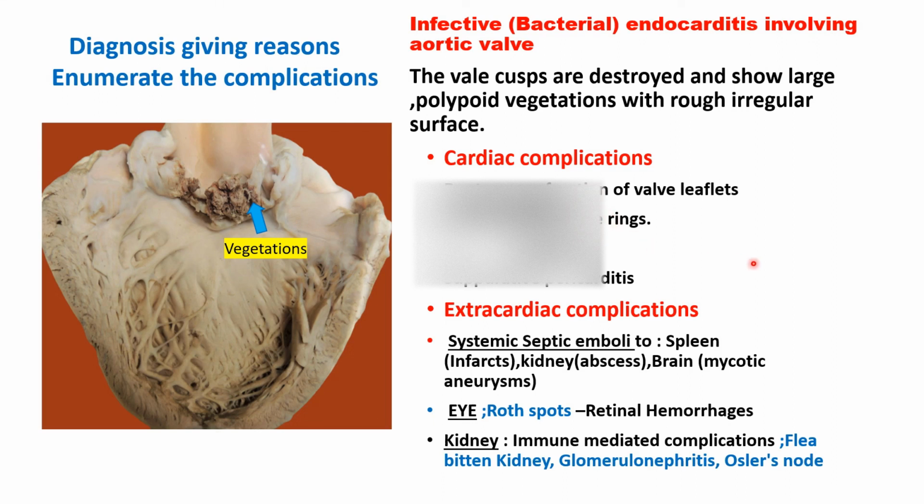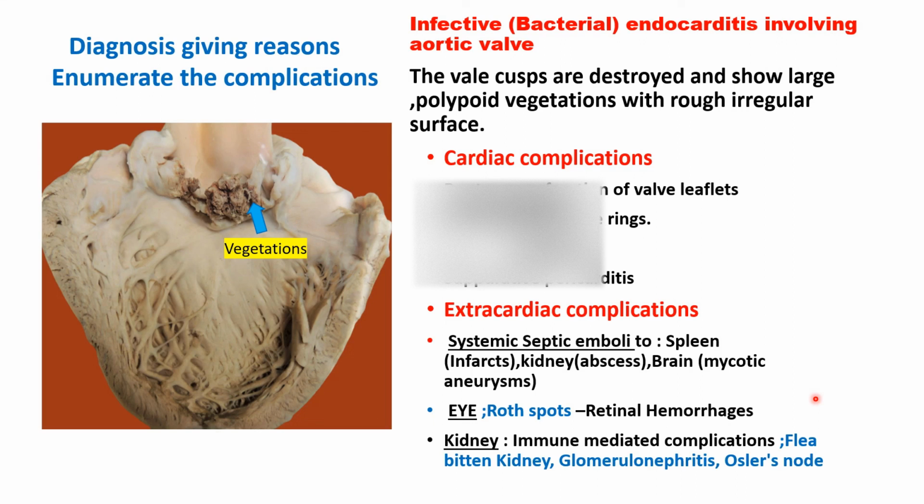Extracardiac complications include systemic embolization. So emboli may be there, septic emboli, which may lead to splenic infarcts, kidney abscesses, and in the brain mycotic aneurysms. In this condition, there are several MCQs possible, and extracardiac complications of infective endocarditis may be immunologic reactions of the body at different sites. For example, in the eye, there are retinal hemorrhages which are known as Roth spots.